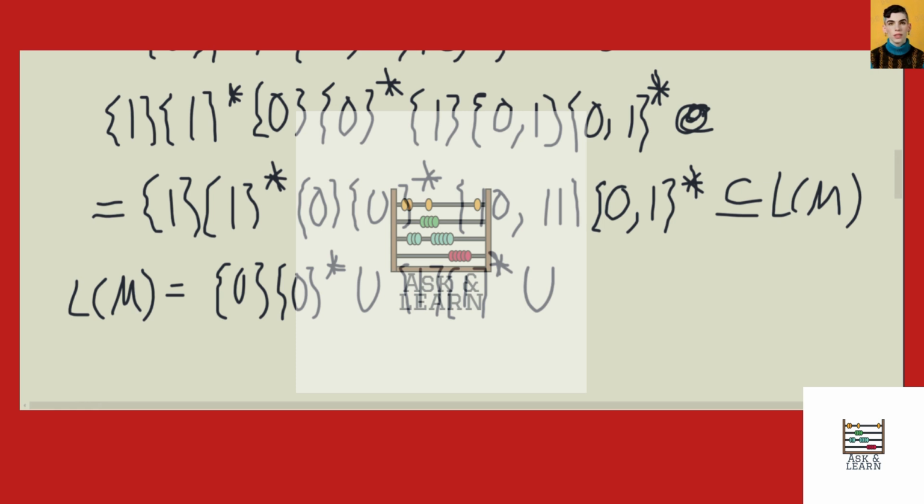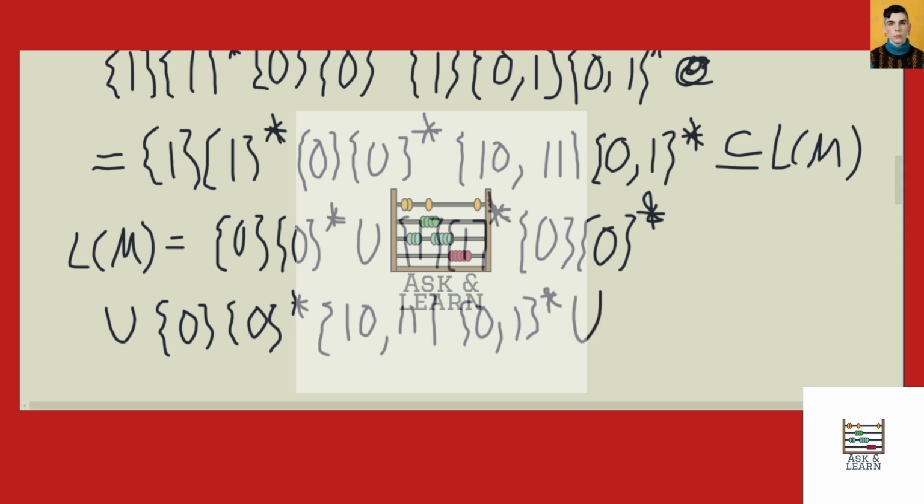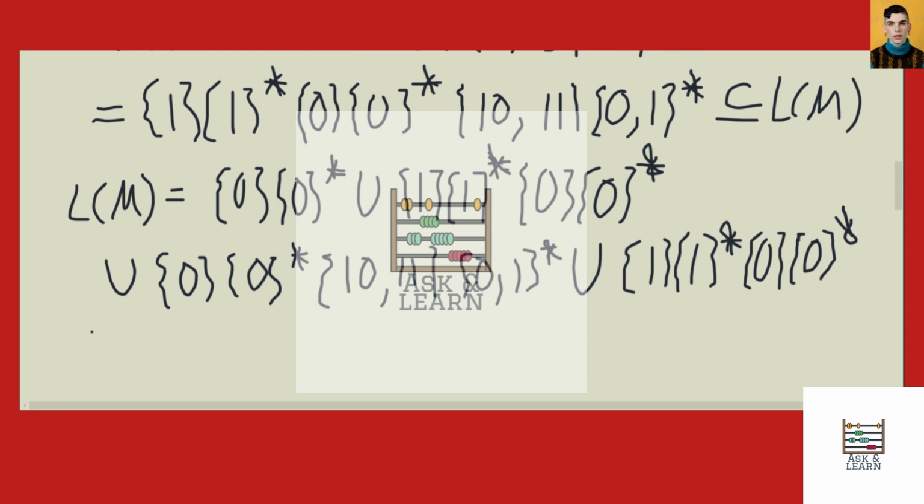That's how we get back to S1. Then union with 0 0 star 1 0 1 1 0 1 star, union with 1 1 star 0 0 star, 1 0 1 1 0 1 star.